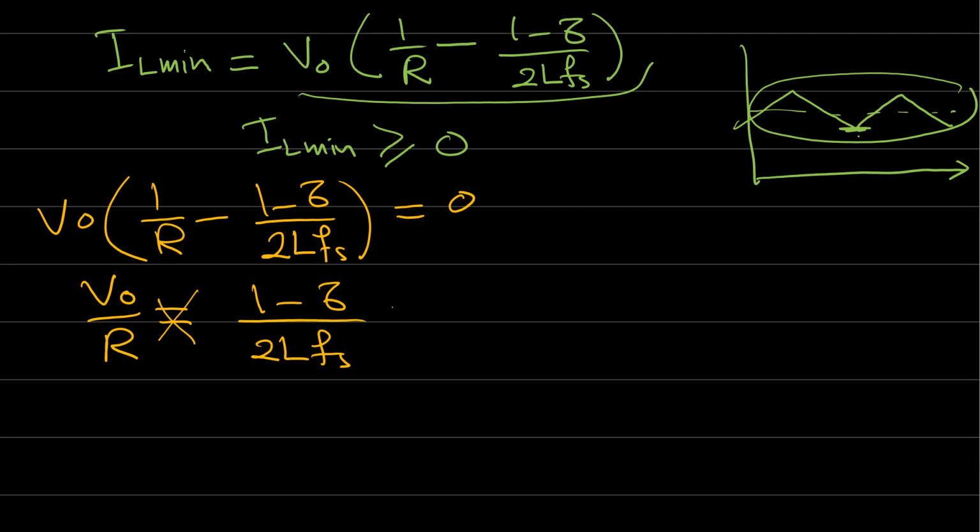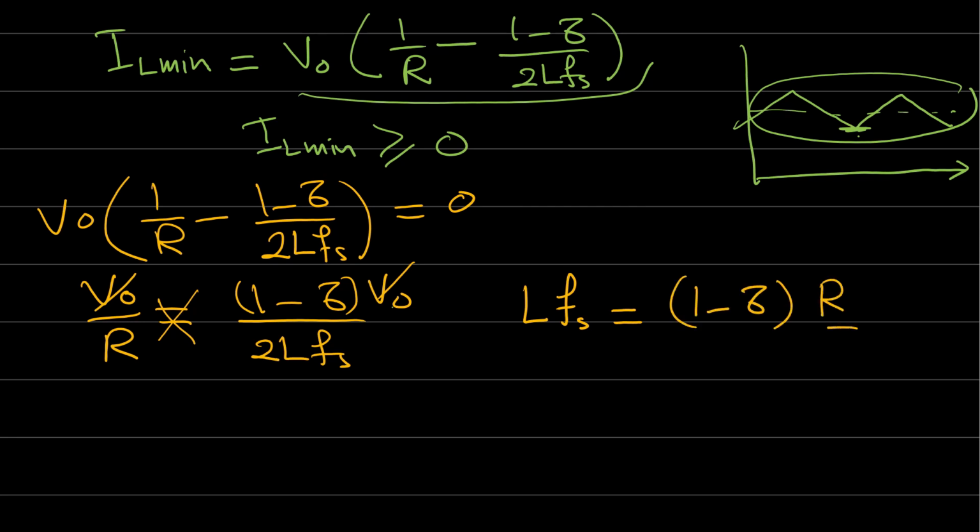Make some simplification here, distribute the values. We can remove V out from the beginning. So here you will get that L times the switching frequency is equal to 1 minus delta times the resistor value, the load value, over 2. And this combination is the minimum for us to keep our converter in the continuous conduction mode.